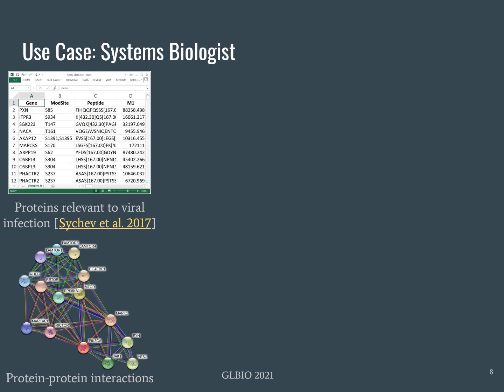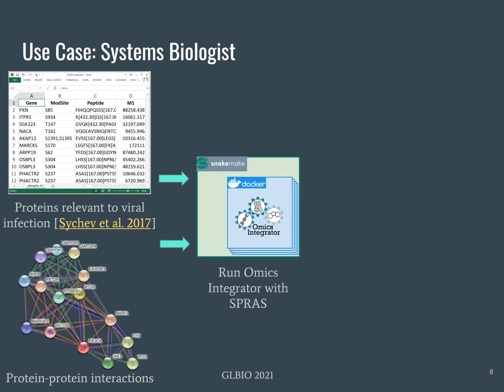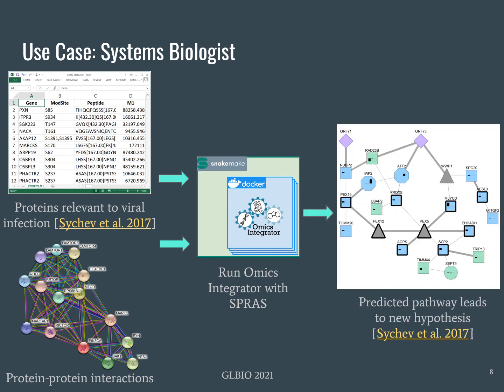And what they can do then is use our method to run Omics Integrator in order to compute and predict pathways that show these relationships within these proteins. In this example, we're finding peroxisomes that are important to certain infections, and using these subnetworks, we can design follow-up experiments that explore these relations further.